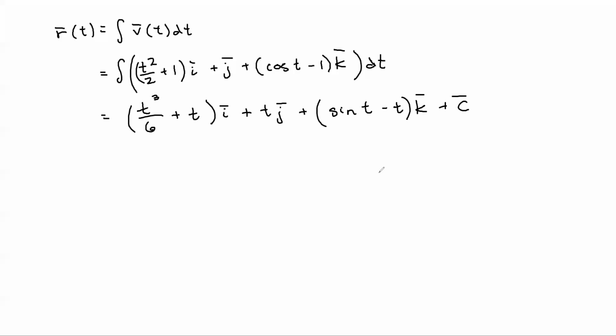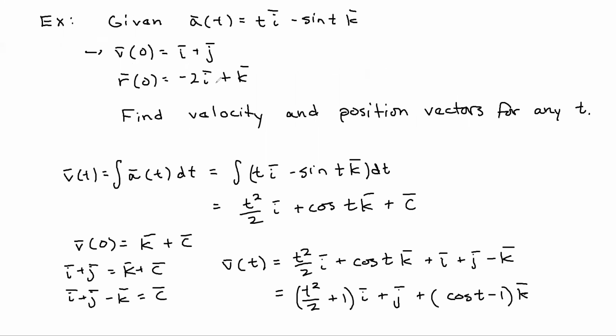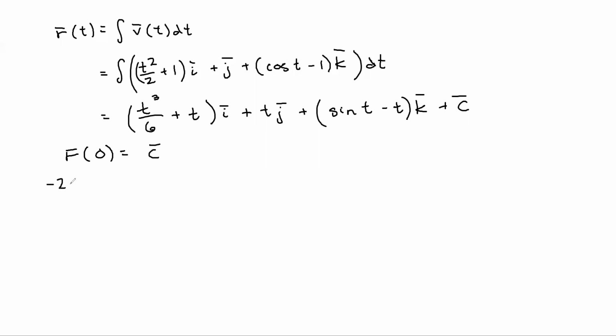Plus c again. And then r of 0, if we plug in 0, what happens? We get 0 here, 0 there, so 0i, 0j, 0k. So we're just going to get c. If we go back to the previous page, what was r of 0? r of 0 was negative 2i plus k. So negative 2i plus k equals c.